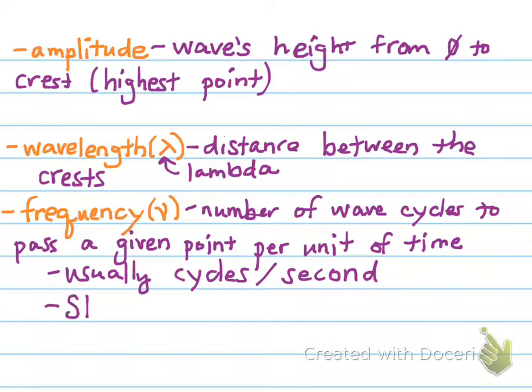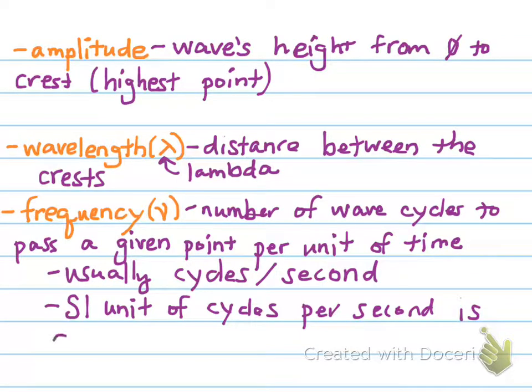The SI unit, SI stands for Le Système International de Unités. Okay, it's an international system of units. The SI unit of cycles per second is called the hertz, which is abbreviated with a capital H, lowercase z.